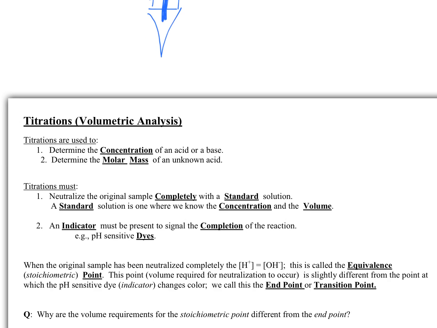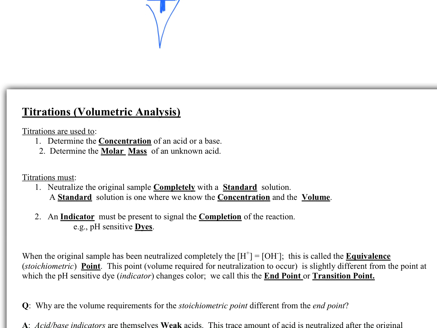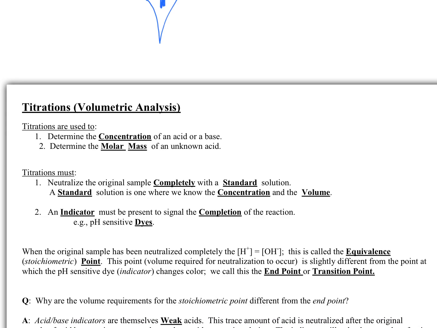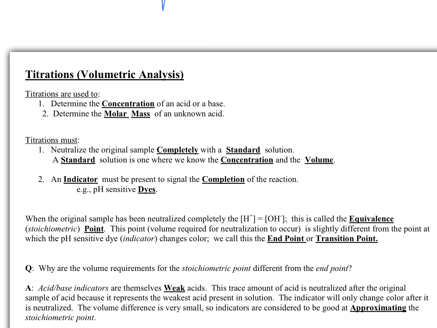So here are a couple of questions. 1. Why are the volume requirements for the stoichiometric point different from the endpoint? Well, the problem lies in the fact that acid-base indicators themselves are weak acids. So this trace amount of acid that is the indicator has to be neutralized itself.